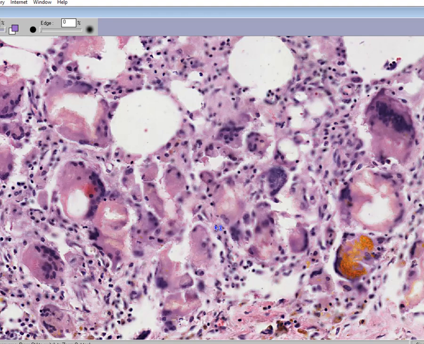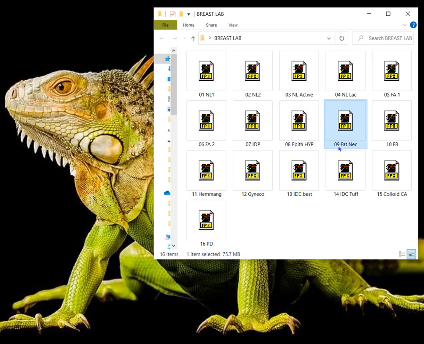So this is fat necrosis, traumatized fat, usually surgical, in which the macrophages either come in and individually chew up the hemosiderin like you see here, or chew up the fat and the hemosiderin like you see here. Those are the classical diagnostic features of fat necrosis.